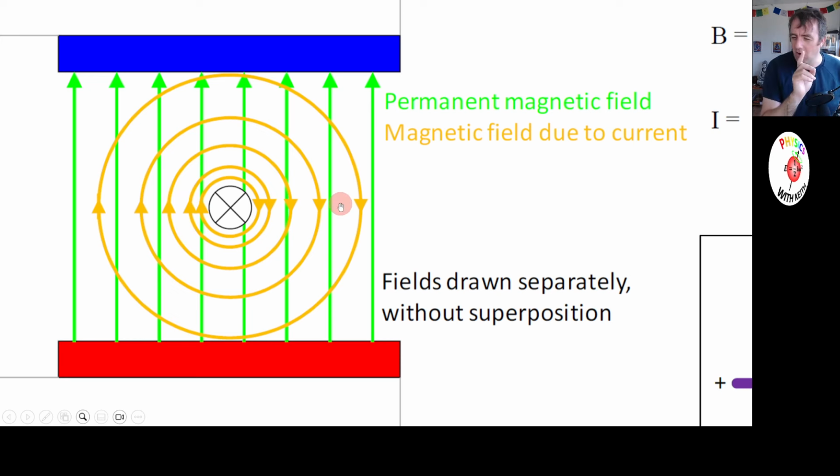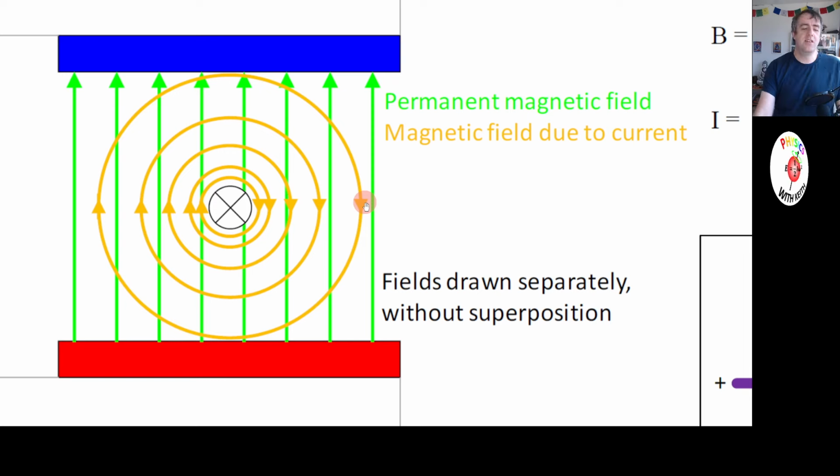But it's not a complete cancellation, because if you look over here, the downward arrows are closer together than the upward arrows. So in this region, the downward field is actually stronger than the upward field. But if we go far enough away, the yellow arrows are farther apart than the green arrows, so the upward field becomes stronger than the downward field.